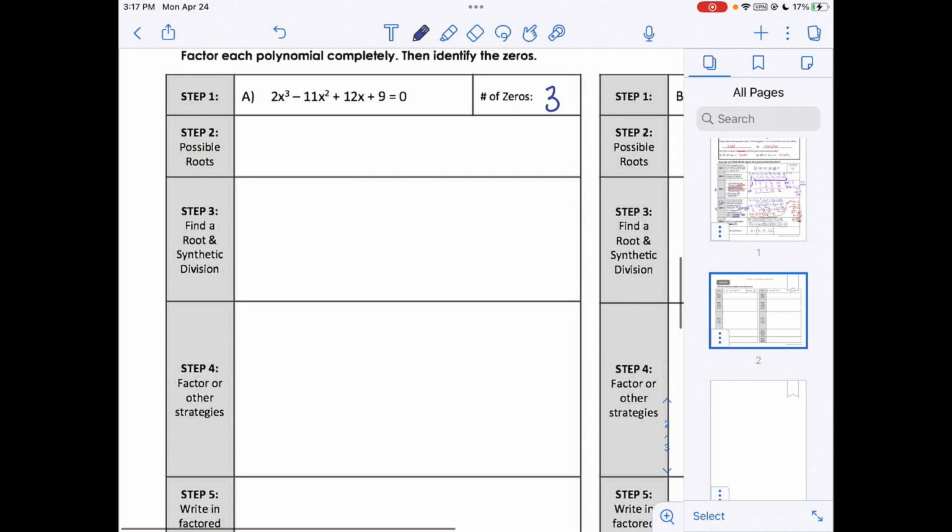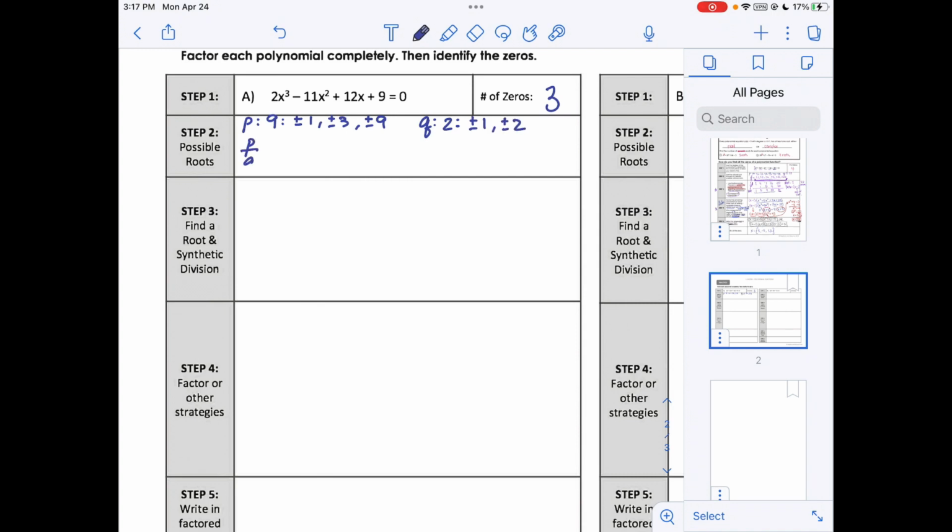The possible roots are p over q. P value is 9. So the factors of 9 are plus or minus 1, plus or minus 3, and plus or minus 9. Q values are 2, so plus or minus 1 and plus or minus 2 for the factors of 2.